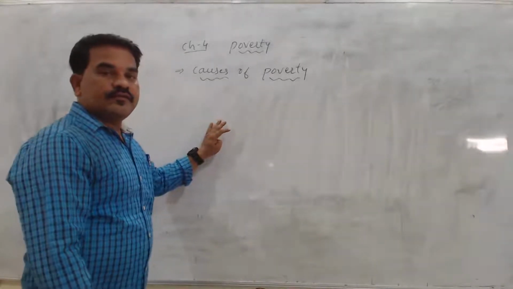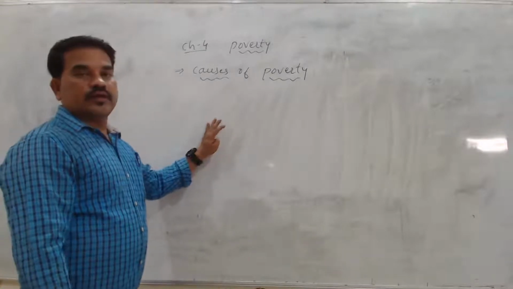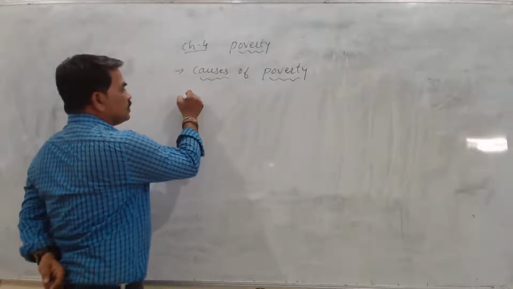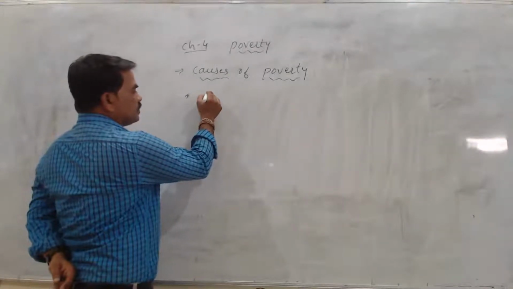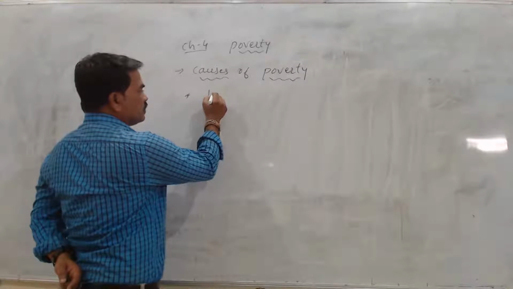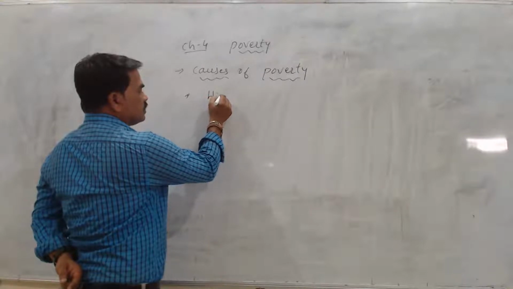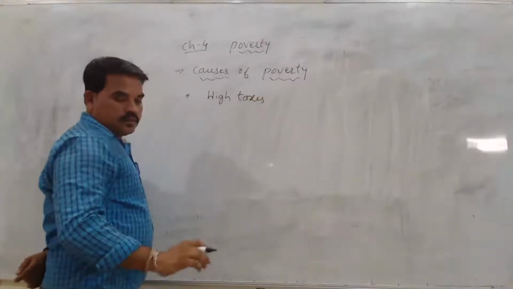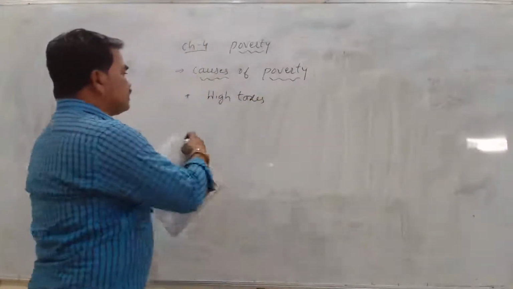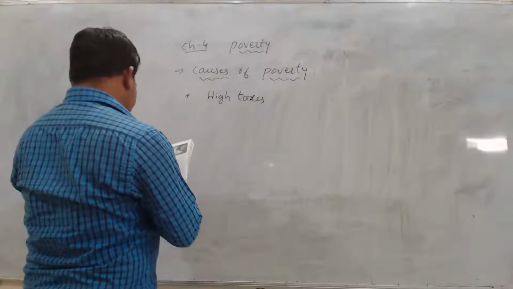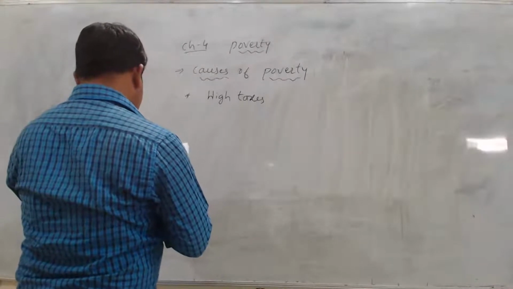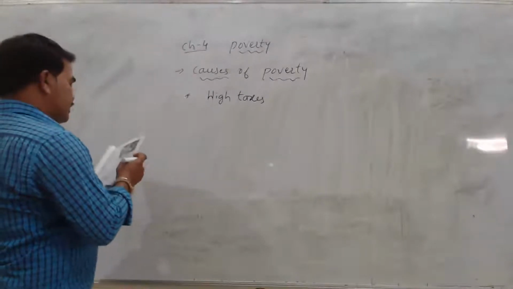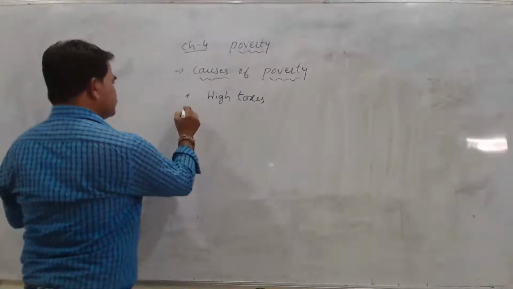So, we started from the colonial rule, where you see there were very high taxes, and we'll make a list here.